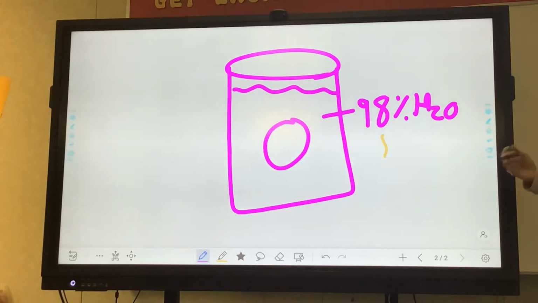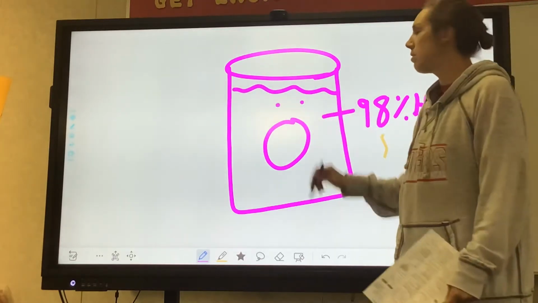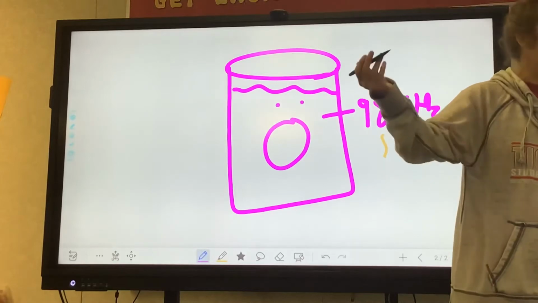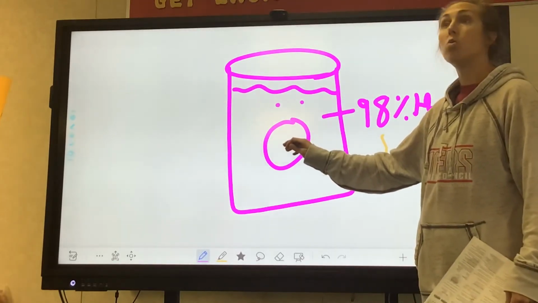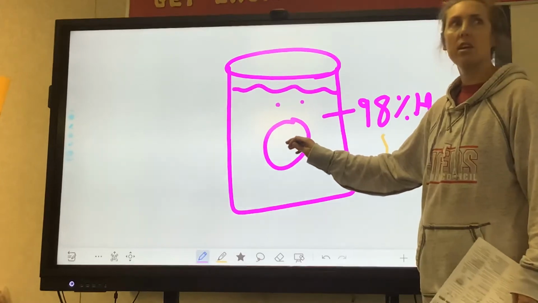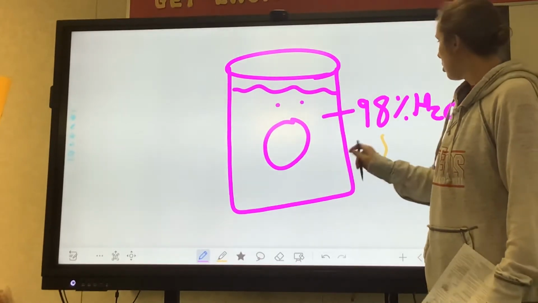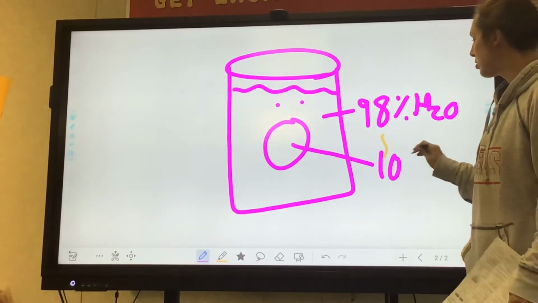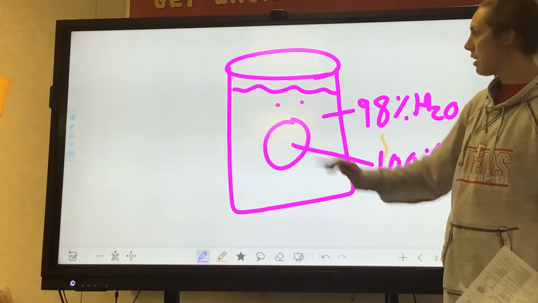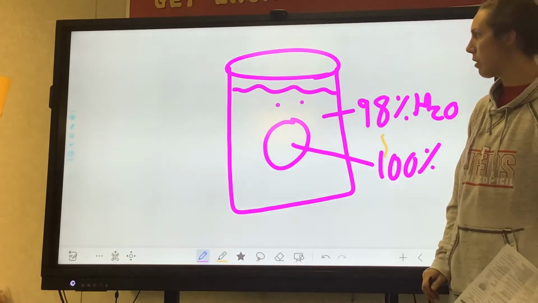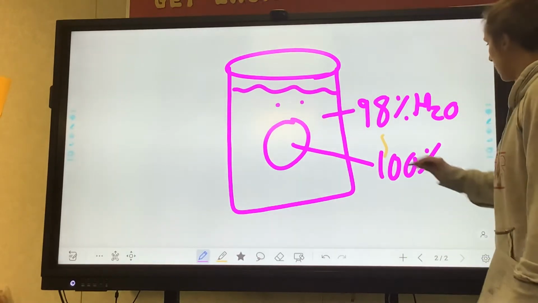So if that's 98% water, it's 2% salt, 2% sugar, whatever it is. Well, say this is distilled water. Does it have anything else in it? No. So this is 100% water. So now you got 2 particles on the outside, none on the inside. What direction is the water going to go? Out. Good.